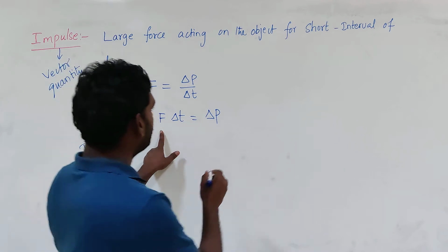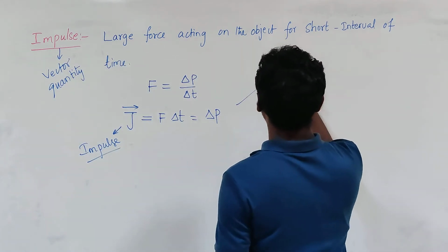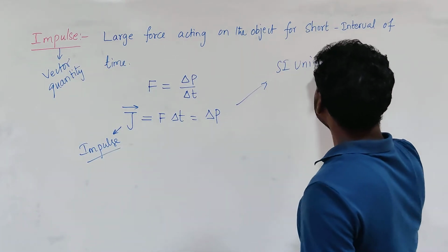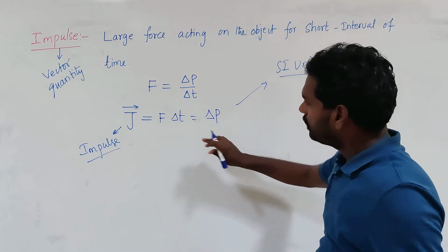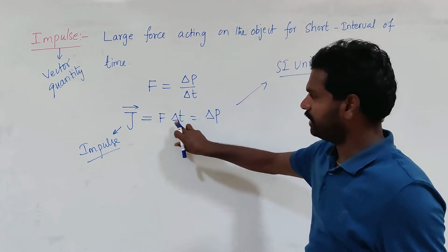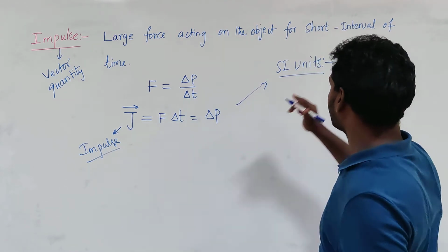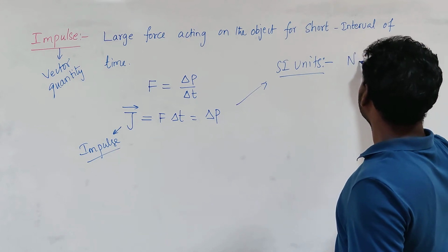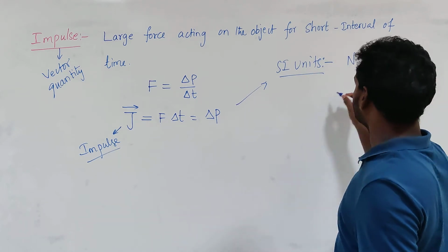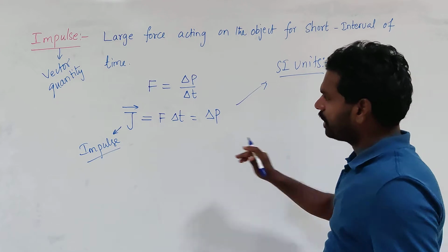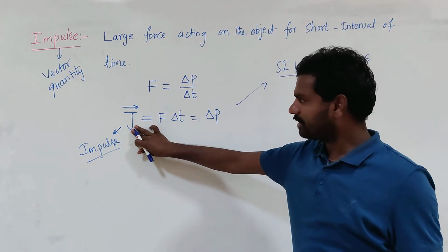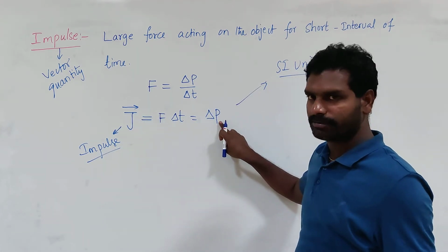The SI units are force into delta T, which is Newton into second. SI units are Newton seconds. Or the impulse has the same units as momentum.